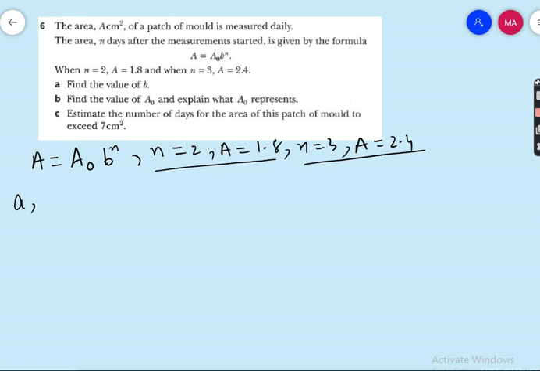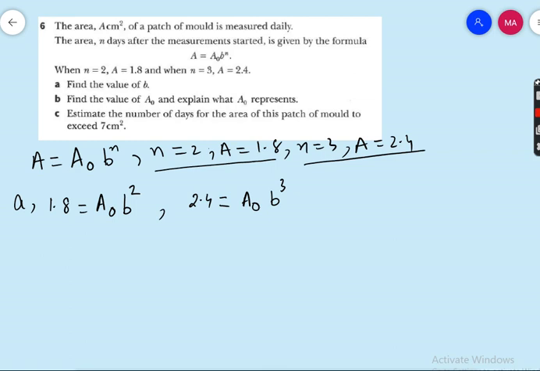First, take the value of A as 1.8 equals A naught b power n. For 1.8, n is 2, so b square. Now the second one is A is 2.4 equals A naught b power n, here n is 3.